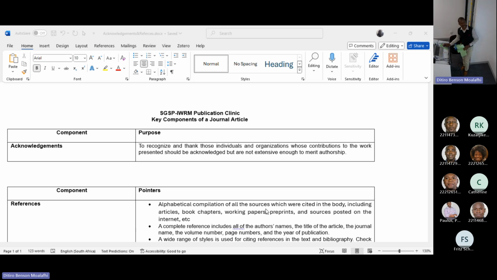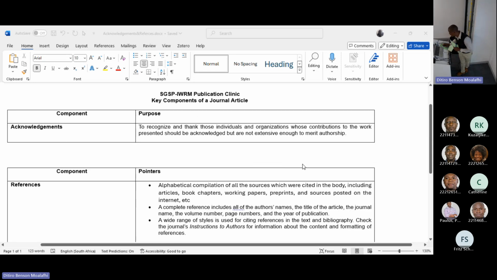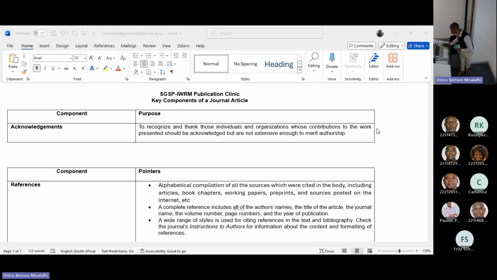Some of these we haven't looked at in detail, but I know those areas have been covered, and Dr. Fritz covered them a lot. This is just to recognize and thank those individuals and organizations whose contributions to the work presented should be acknowledged, but are not extensive enough to merit authorship. I think these have been covered.